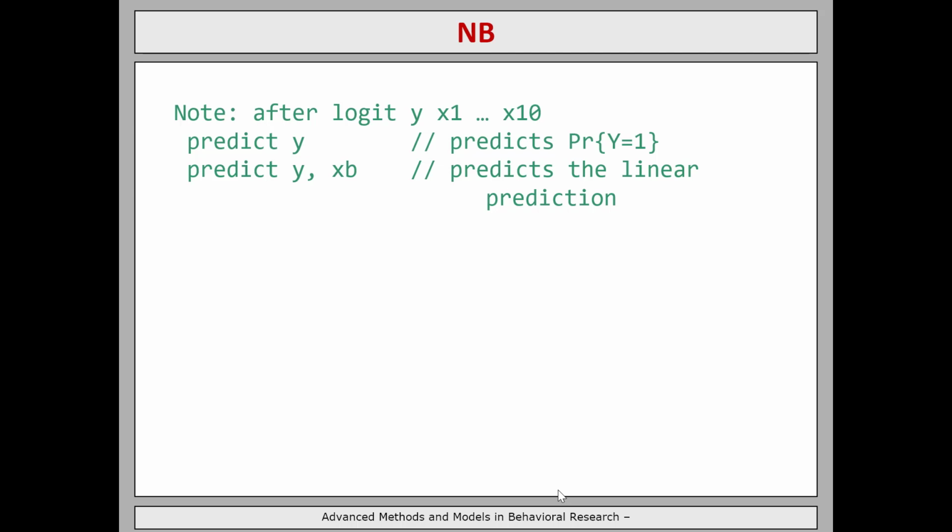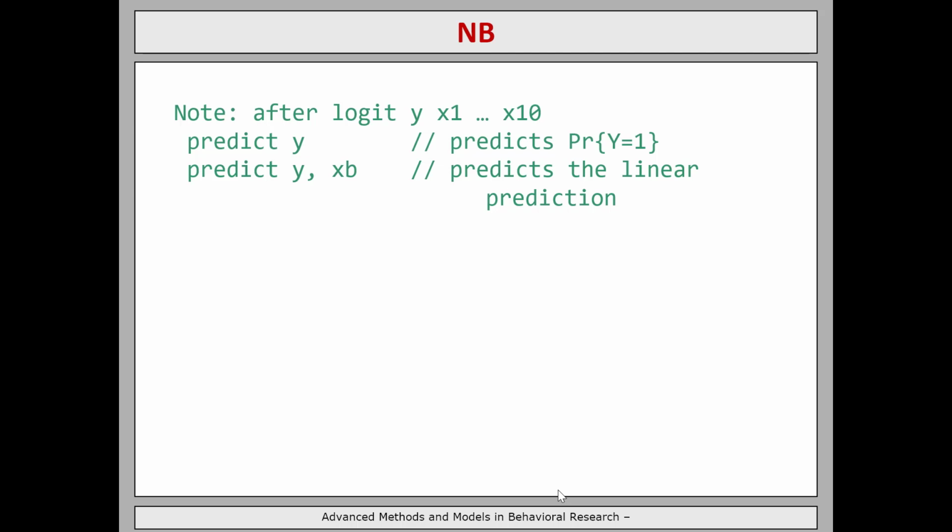Okay, then one thing that I forgot to mention, and it is nevertheless good to know. If you have run a logistic regression, you might remember from multiple regression that to get the predicted values you type predict and then the name of a variable, and then you get predicted values. Here, it is not necessarily obvious what you mean.